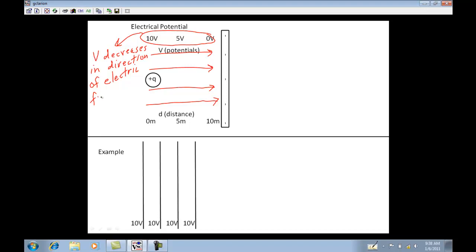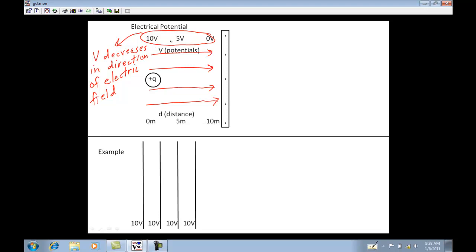Now, if I look at this example, let's look carefully at what the distance does. Relative to where I'm letting go of it, it's going some positive distance to the right, whereas the electric potential is decreasing.